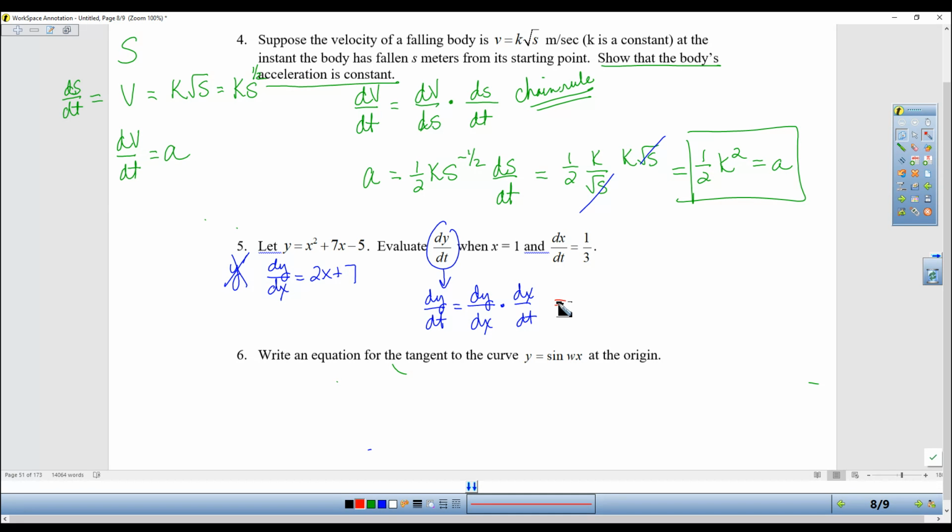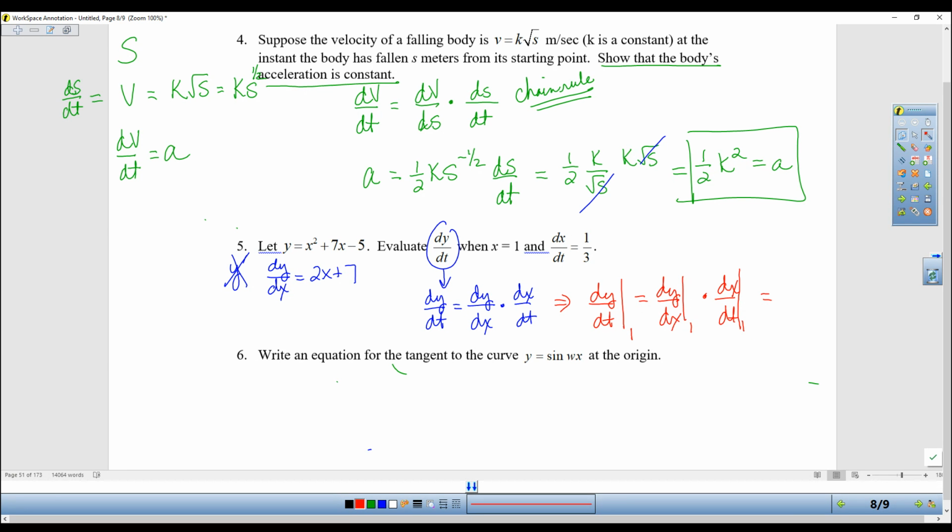So how does that work? dy dt at x equal to 1. Actually, that's not the notation. The correct notation is this: at x equal to 1, dy dt is dy dx at 1 times dx dt at 1.